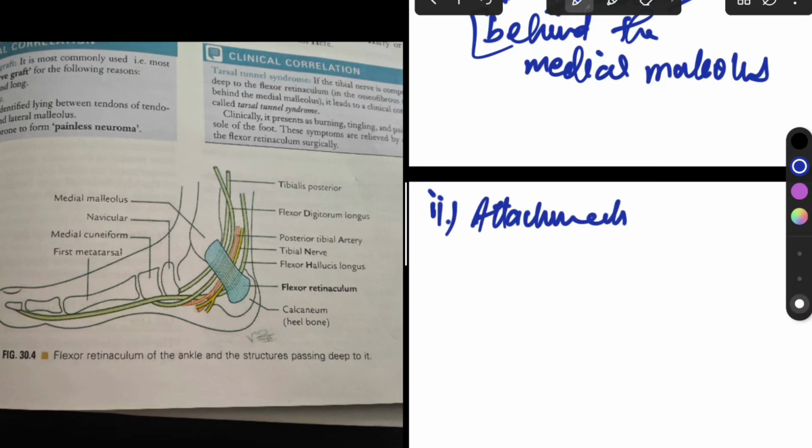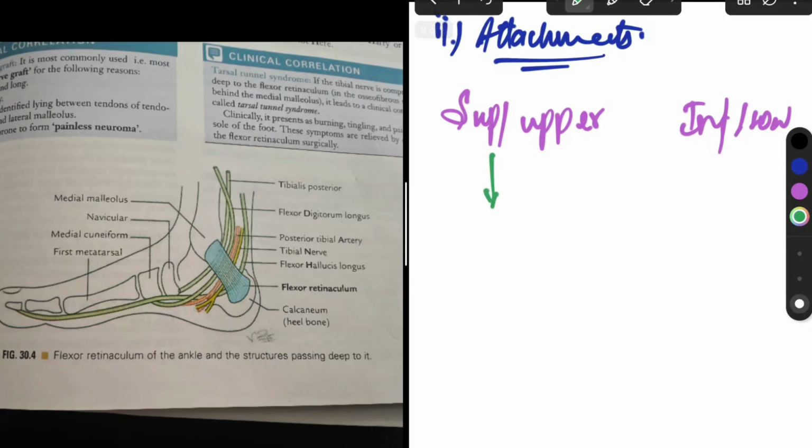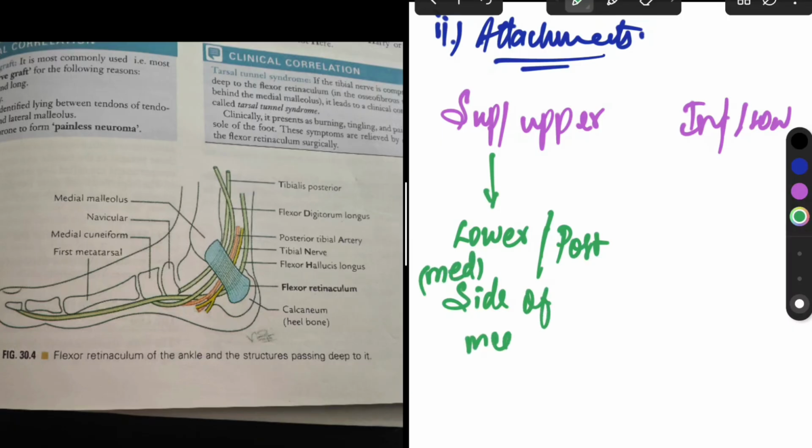The attachments, let us divide into two parts: superior and inferior, or upper and lower. In the upper part, it is attached to the posterior side of the medial malleolus, particularly the medial side of the medial malleolus.